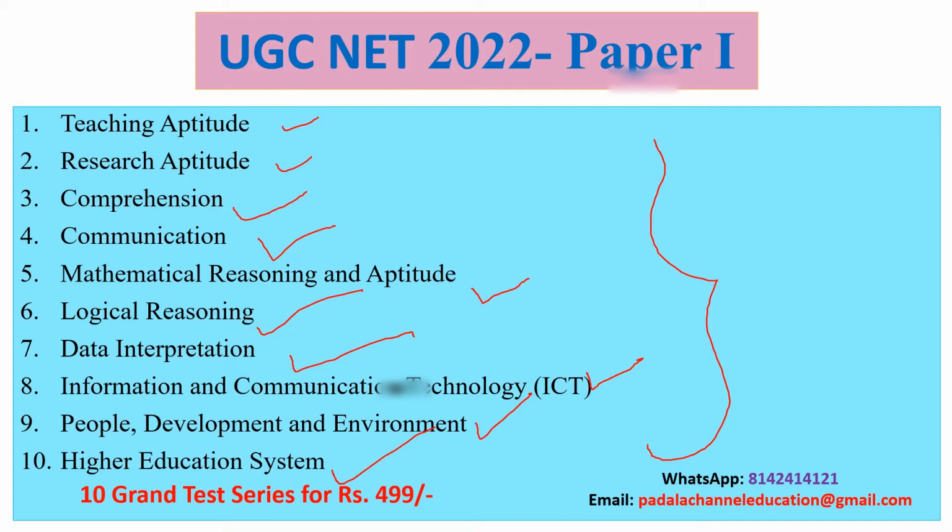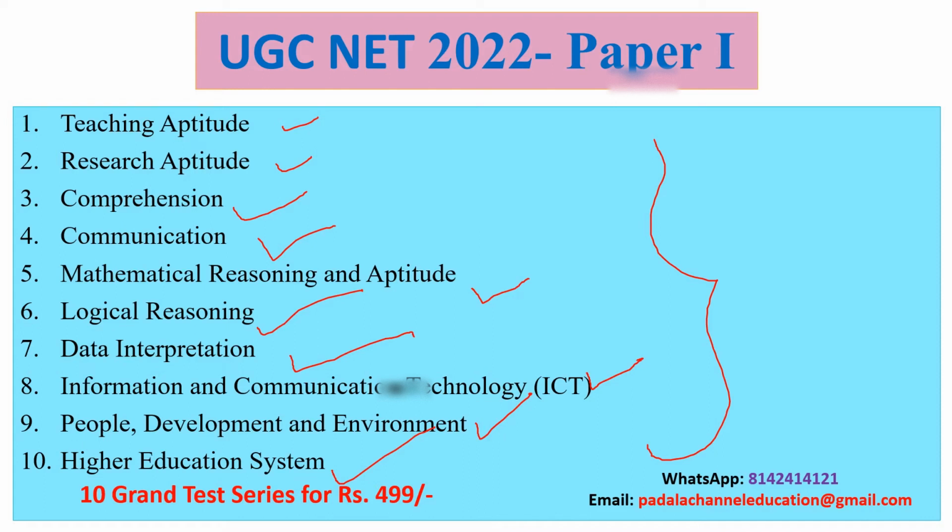Then is mathematical reasoning and aptitude. You will be well aware of this topic: number series, letter series, codes and relationships, fraction, time, distance. You can expect questions from these areas. Next is logical reasoning.